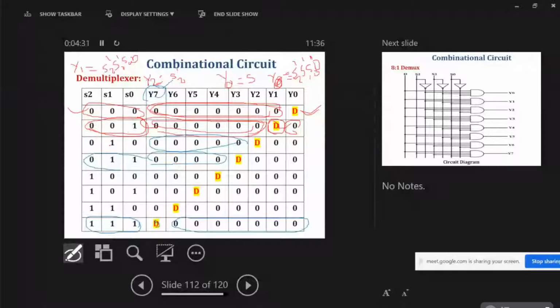So by this we can find Y7. Y7 will be S2, S1, S0, D. Okay, clear? Everyone clear?